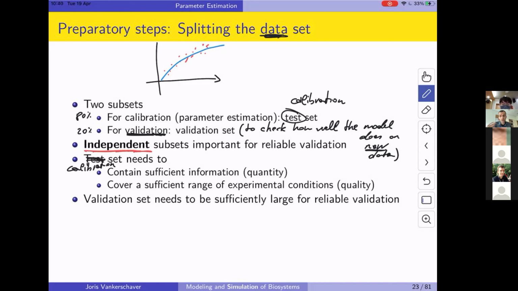That's the thing that you train on. That's what needs to be broad, have all the experimental conditions so that your model can sense what's going on and needs to be of good quality. And if you do machine learning, this is also sometimes referred to as the training data set. And then the validation data set is the one that you do validation.